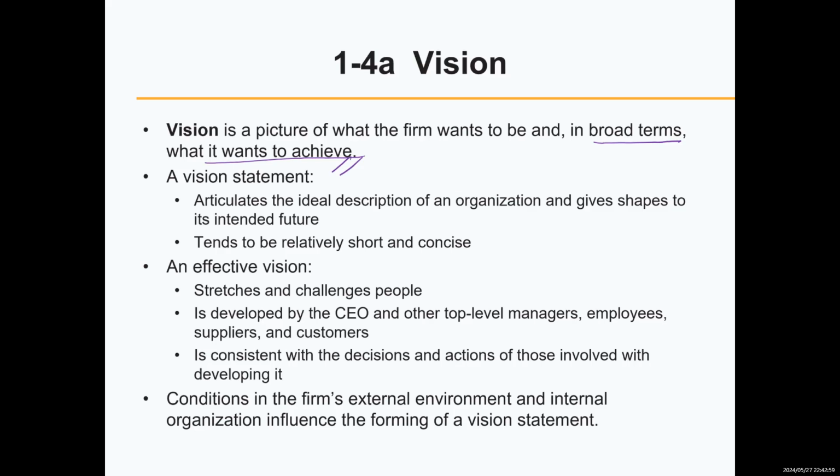A vision statement should articulate the ideal description of the organization and give shape to its intended future. And also, it reflects the firm's values and aspirations. The vision tends to be very short and concise, in one or two lines, that's it.